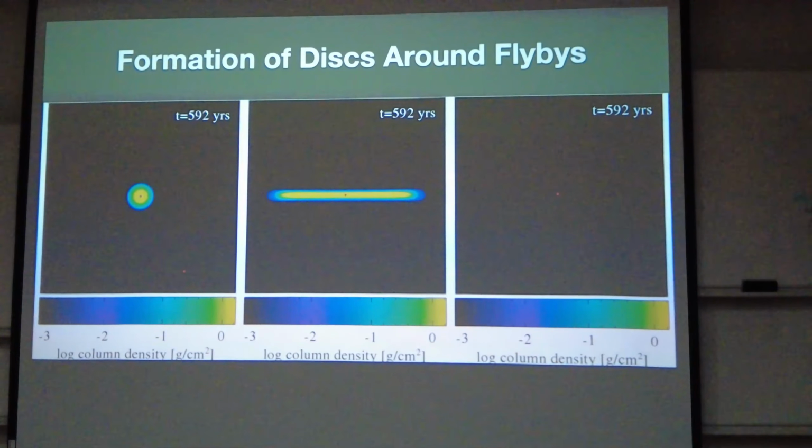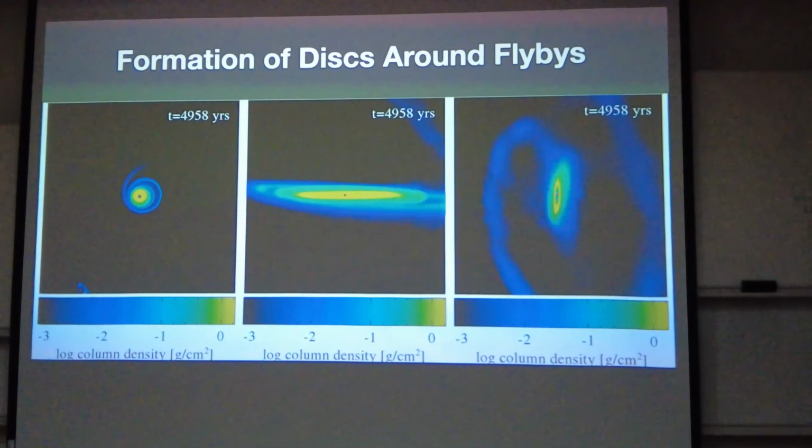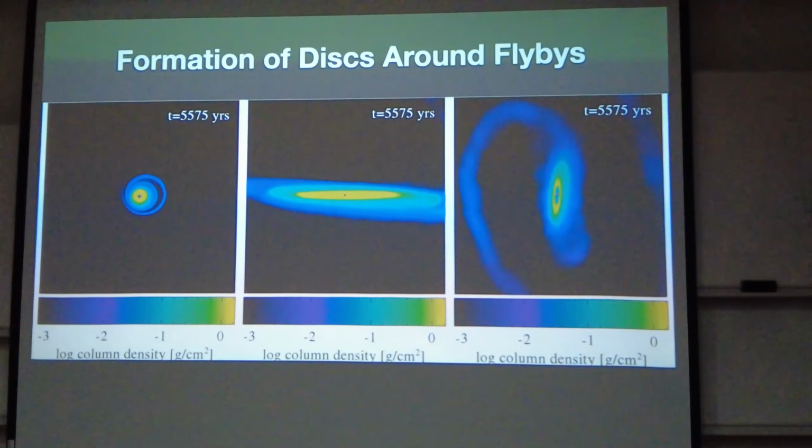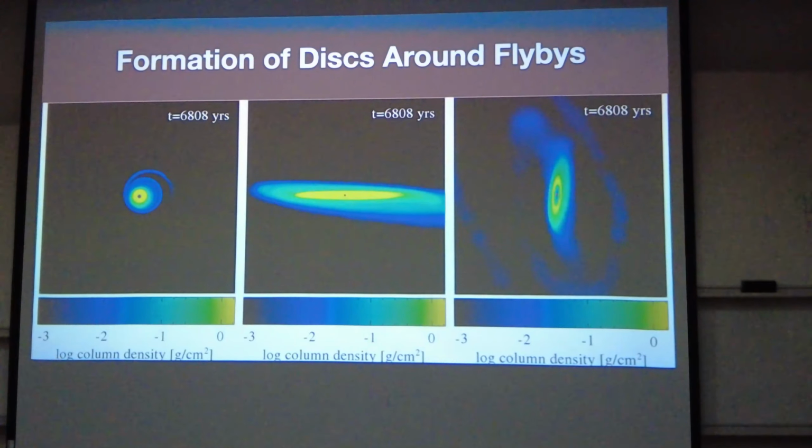You can see on the left panel the flyby coming in. It will perturb the disk and form its own disk, and this perturber is actually inclined by 45 degrees, and it forms a disk around the flyby. What's interesting is that, comparing the right and the middle panels, the disk around the flyby is 90 degrees with respect to the primary disk.